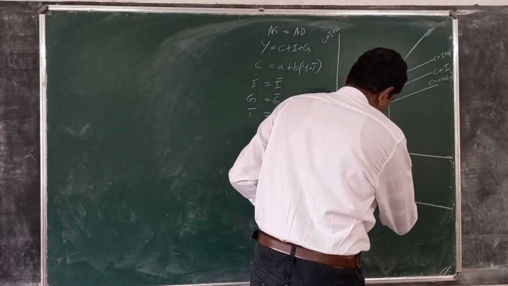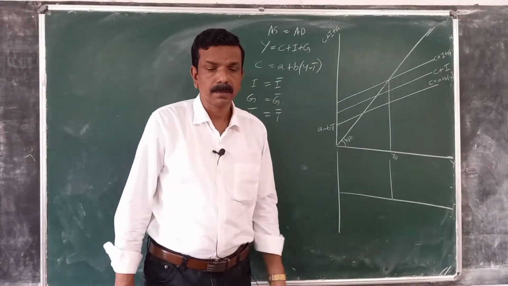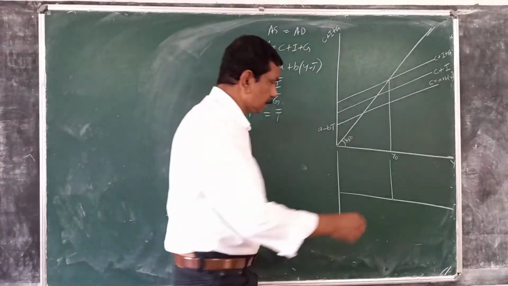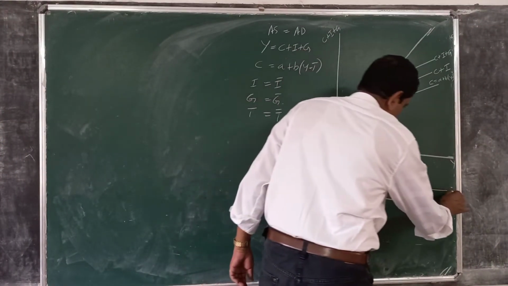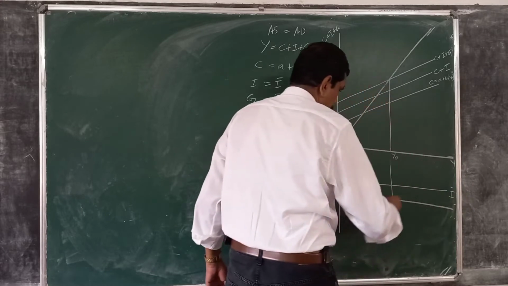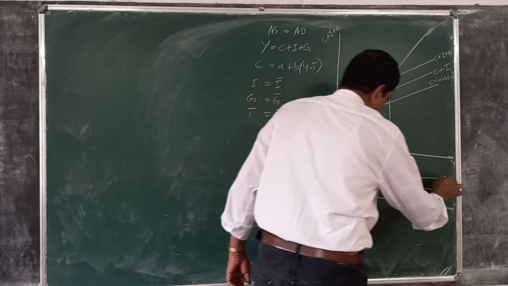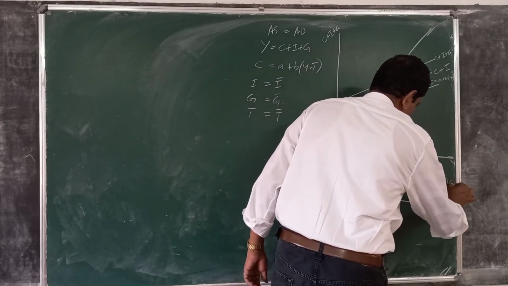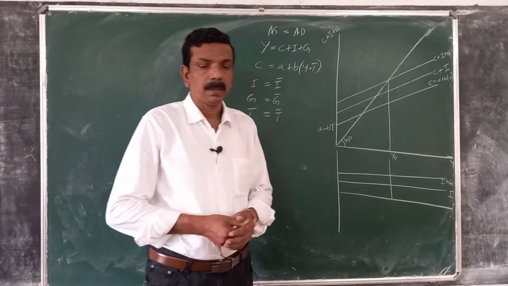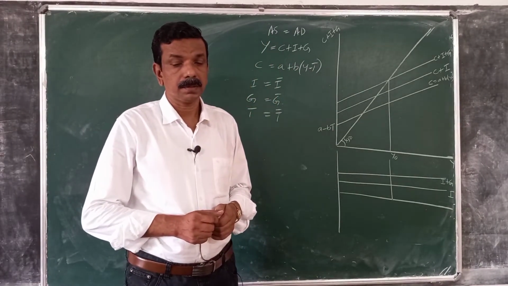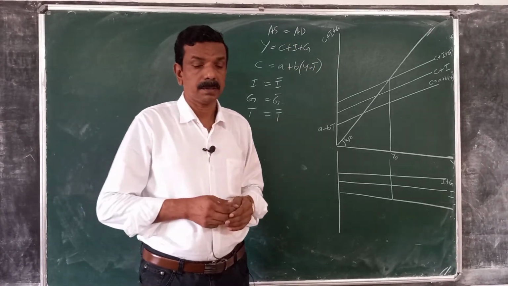Now, in terms of the saving income equality, this is say I and this is I plus G. And I plus G is equal to S plus T in terms of saving income equality.